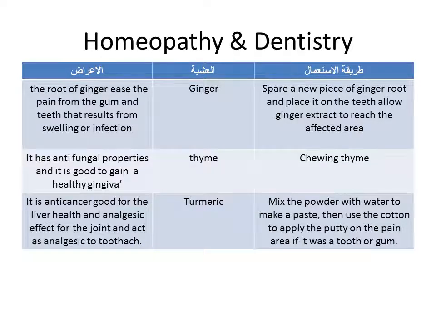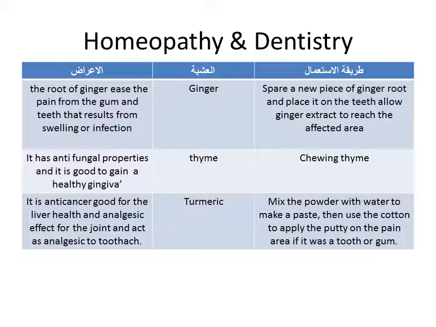Okay, since most of the time we are in quarantine, there are some herbs that can help us when we are at home. And these herbs, like ginger, we call it zanjabil.